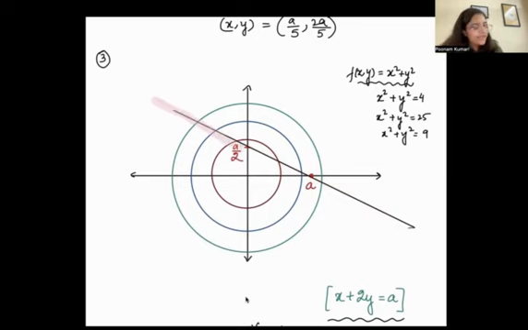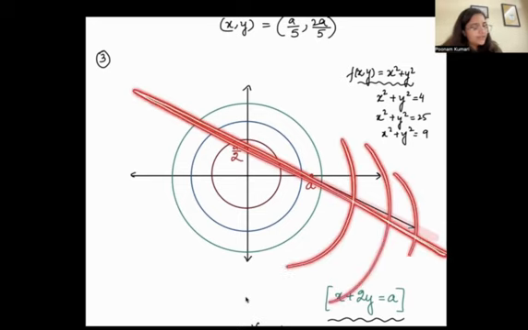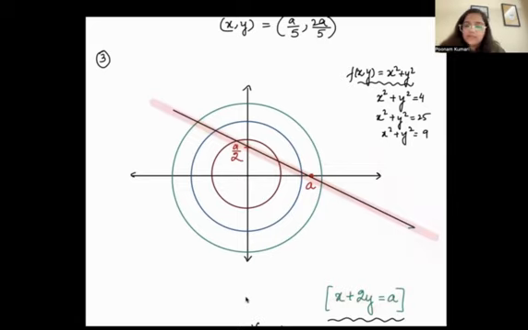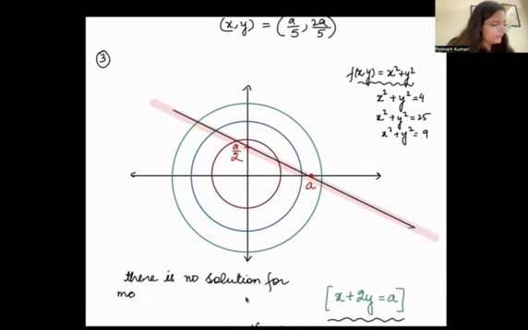While staying on this line, this is your constraint, right? You have to stay within this constraint. इस constraint पे रहते हुए आप कितने बड़े बड़े सर्कल्स पे पहुंच सकते हो, right? There is no limit. Yes, ma'am. So there is no solution for maximization problem, right? Is that okay?